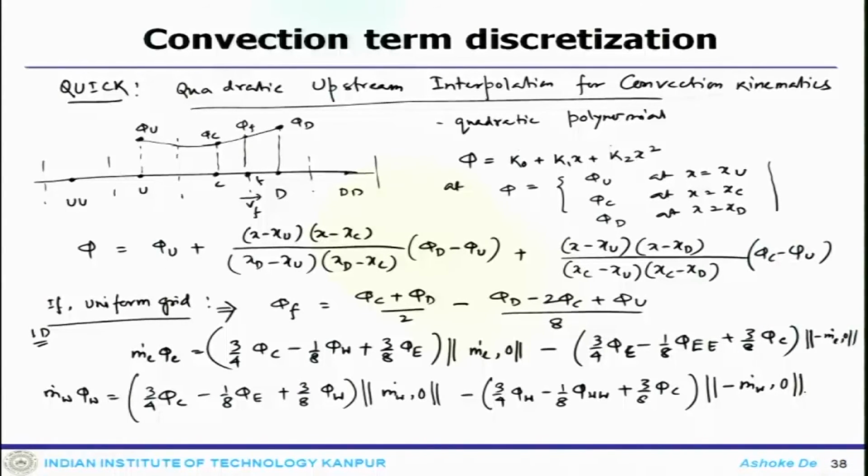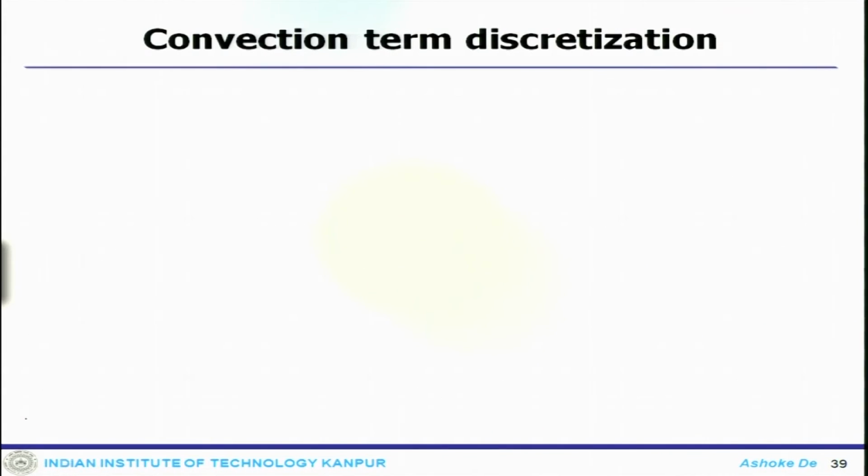Now, again after getting this information, you put everything back in the discretized equation.